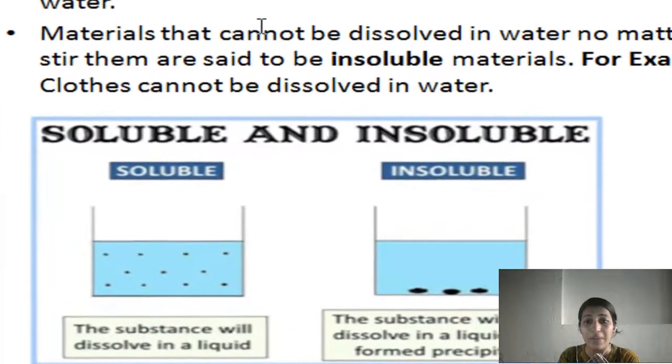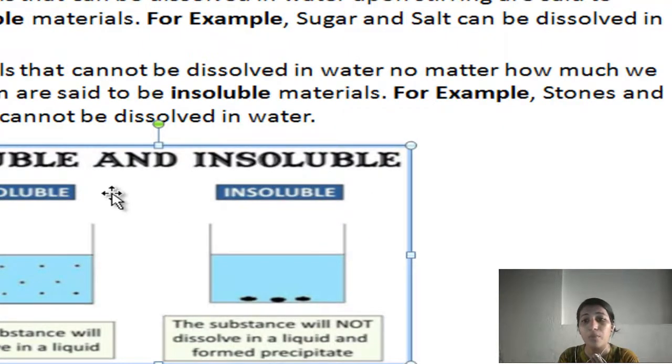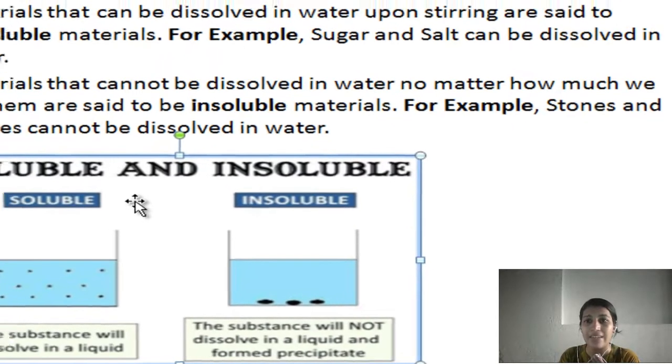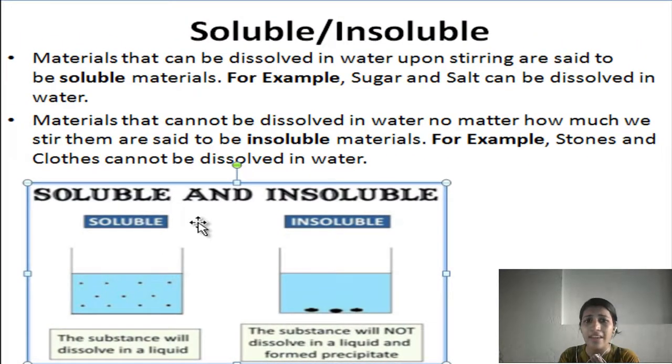Materials that cannot be dissolved in water, no matter how much we stir them, are said to be insoluble materials. Example: when you add stones and clothes in water and stir them continuously, they do not mix completely in the water. So they are said to be insoluble materials.